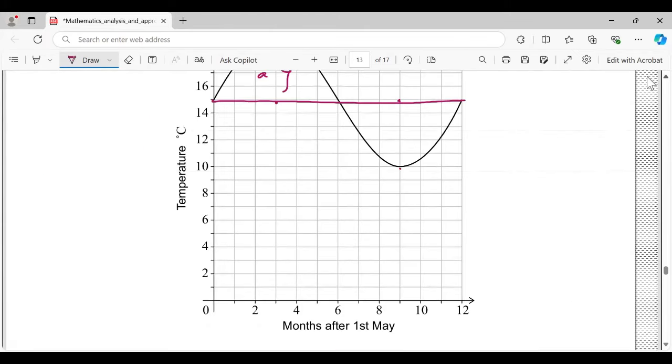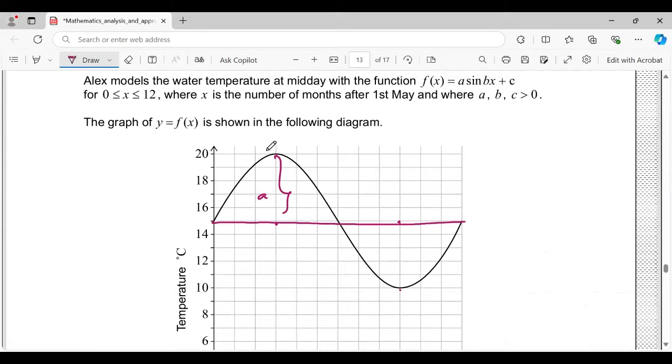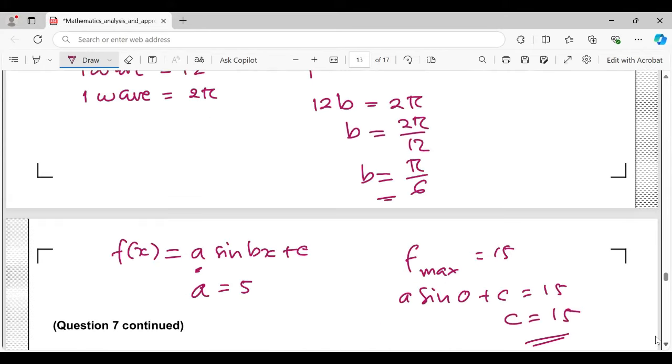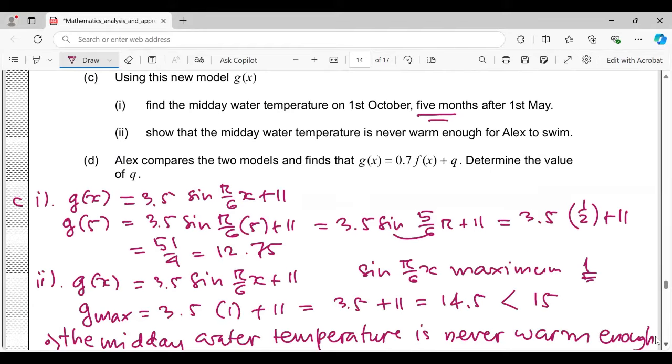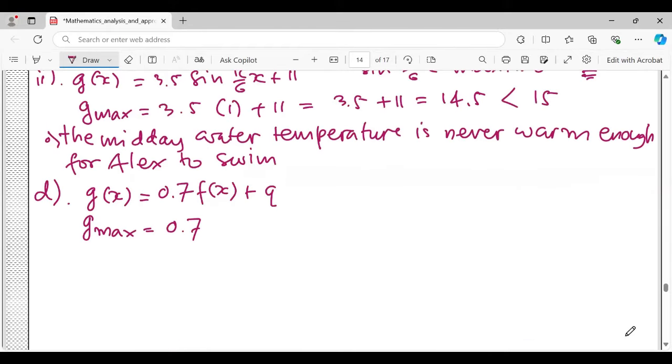Look here, the maximum is 20. So 0.7 times 20 plus q equals 14.5, according to our calculation.